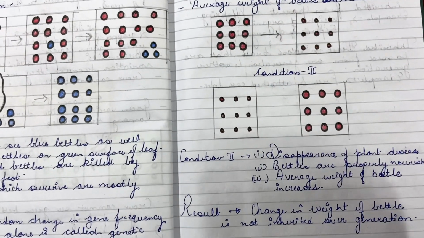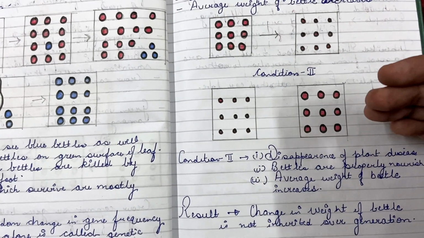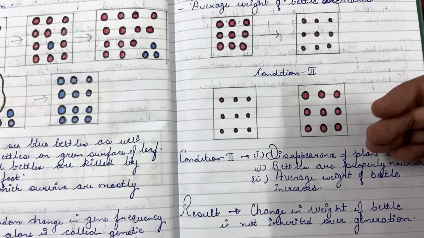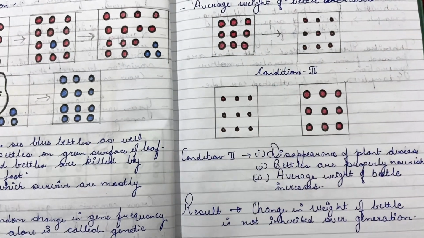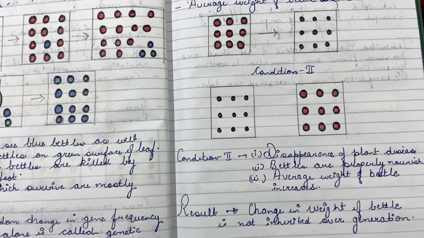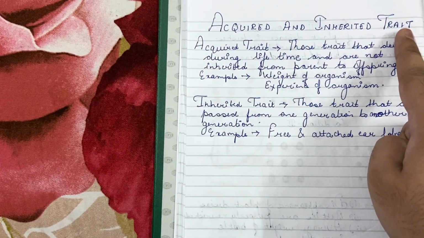It means it is not passed from one generation to another. Now let us talk about acquired and inherited traits.